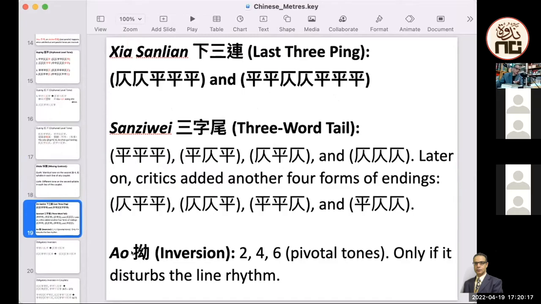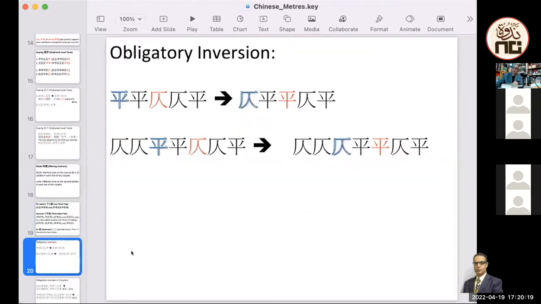Okay, I will give you some examples of these inversions, because sometimes it's compulsory and sometimes it's not. It's up to the poet to do it or not, like obligatory inversion. If the first ping changed into zi, what will happen? You will have the orphan ping, because this is a rhymed one.